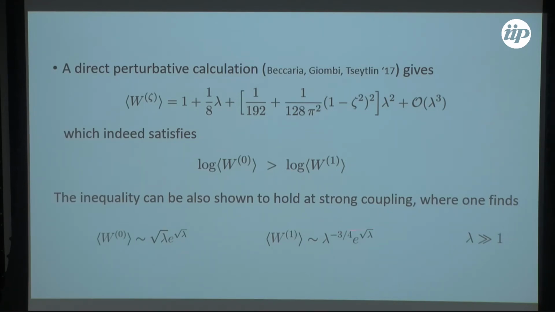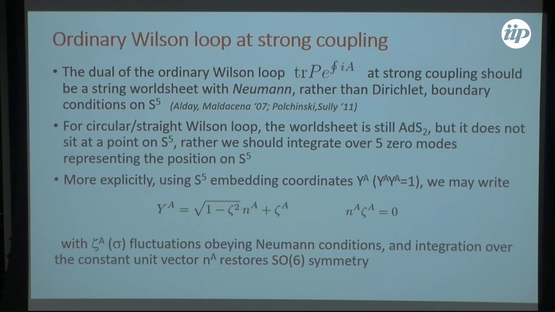And by thinking about what the zero modes are in the case of the non-supersymmetric one, you can argue that the behavior in that case is this different power. And then again, you can check that the log of this is bigger than the log of that, again satisfying the F theorem. Okay, but let me just explain.